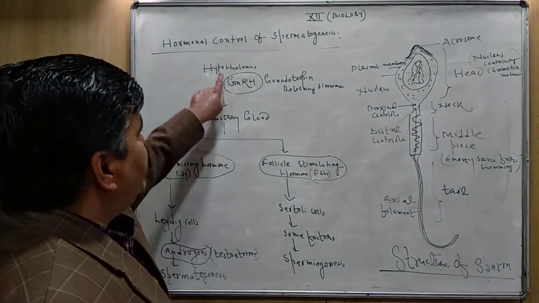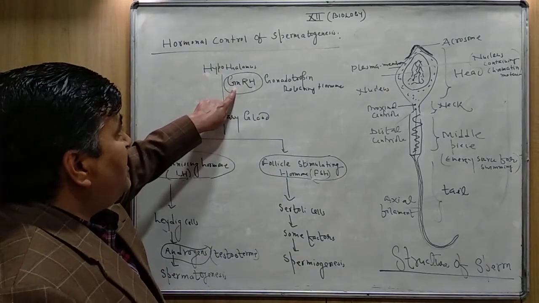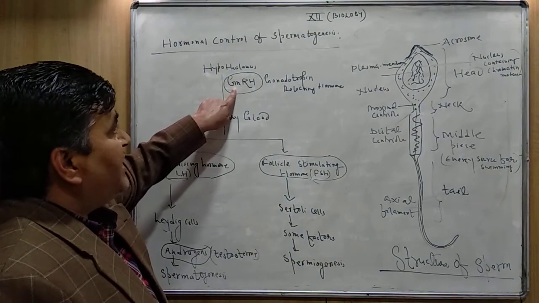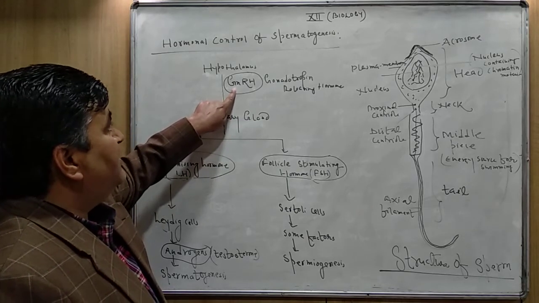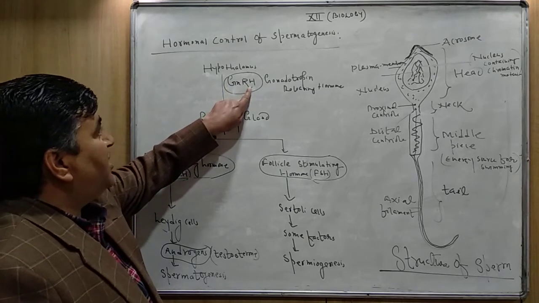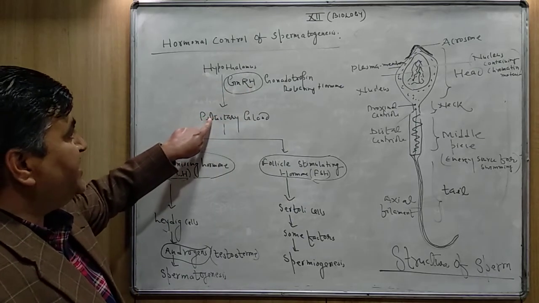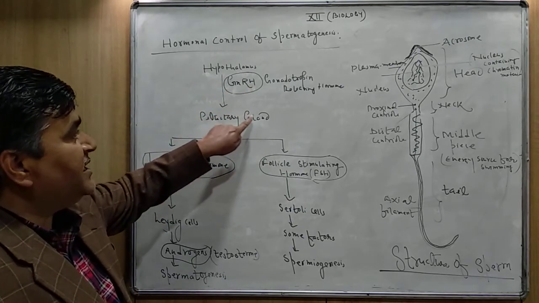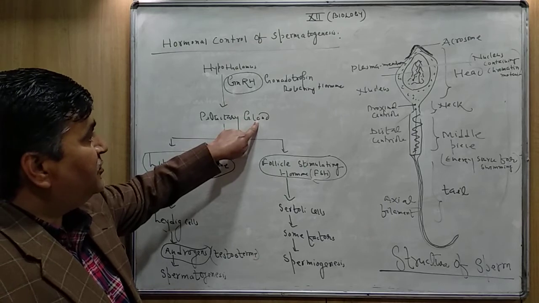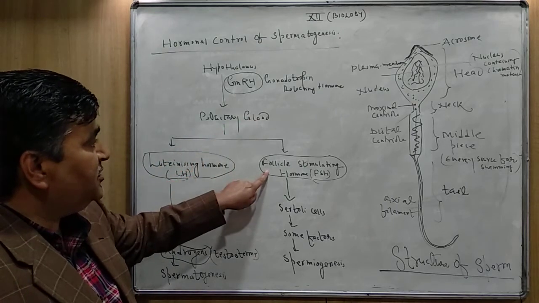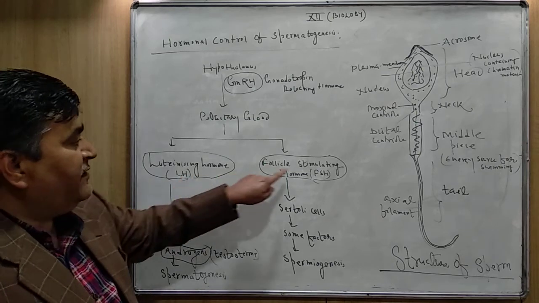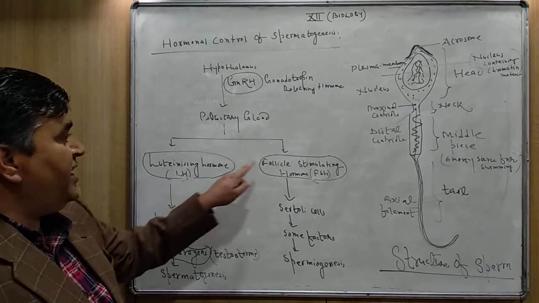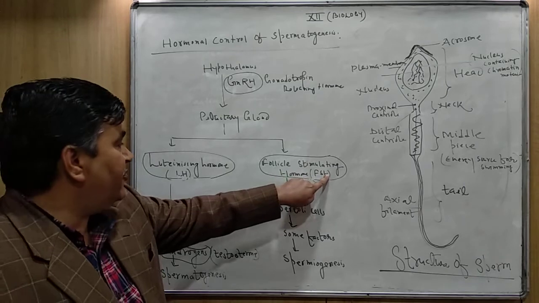The hypothalamus releases which hormone? GnRH, gonadotropin releasing hormone. This gonadotropin releasing hormone then stimulates or activates the pituitary gland, which secretes how many hormones? These two hormones, LH and FSH, luteinizing hormone and follicle stimulating hormone.